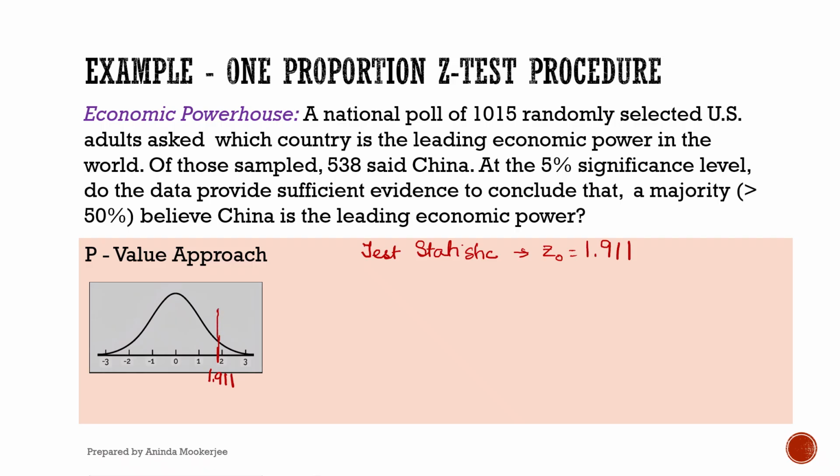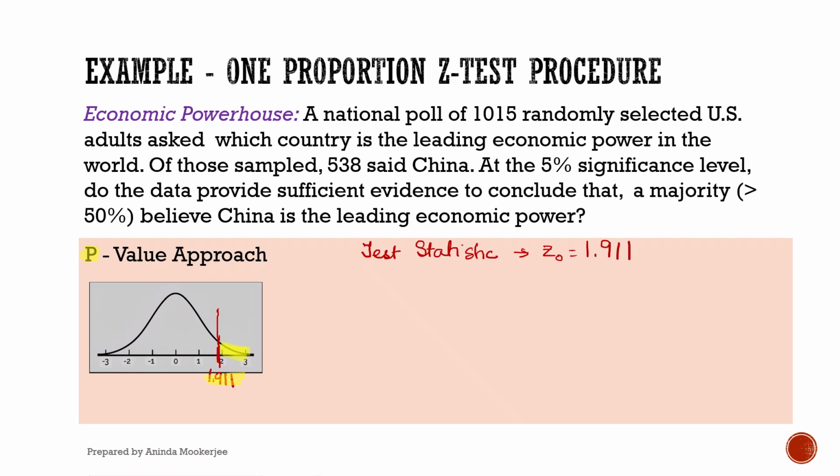And then the next step is, for a right tail test, find the area to the right of where the test statistic falls, because in the p-value approach we are trying to find the probability of obtaining the test statistic value of 1.911 given that the null hypothesis is indeed true. So we are looking for the probability of obtaining a 1.911, and that's why we call it the p-value approach.